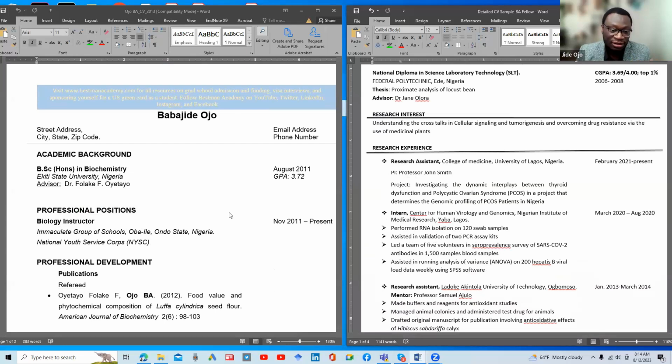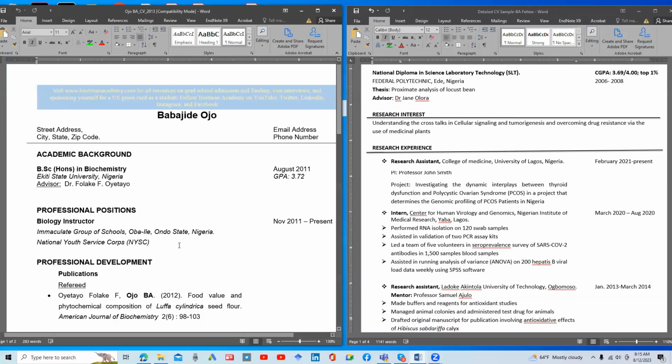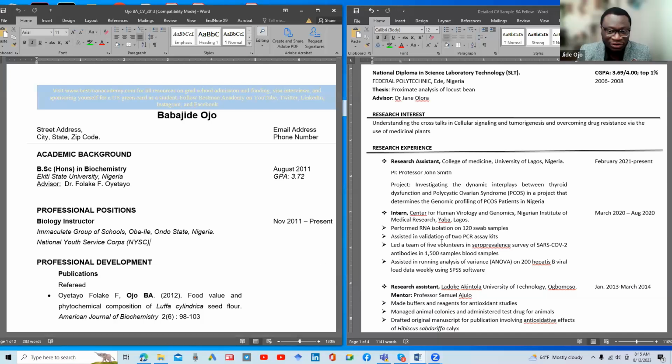So you can follow either format. If you have a lot of things to put on your CV, let's say you've had enough experience after graduation, and you do it like the one on the right, you might end up with 6, 7, 8 pages. I don't think that's necessary.